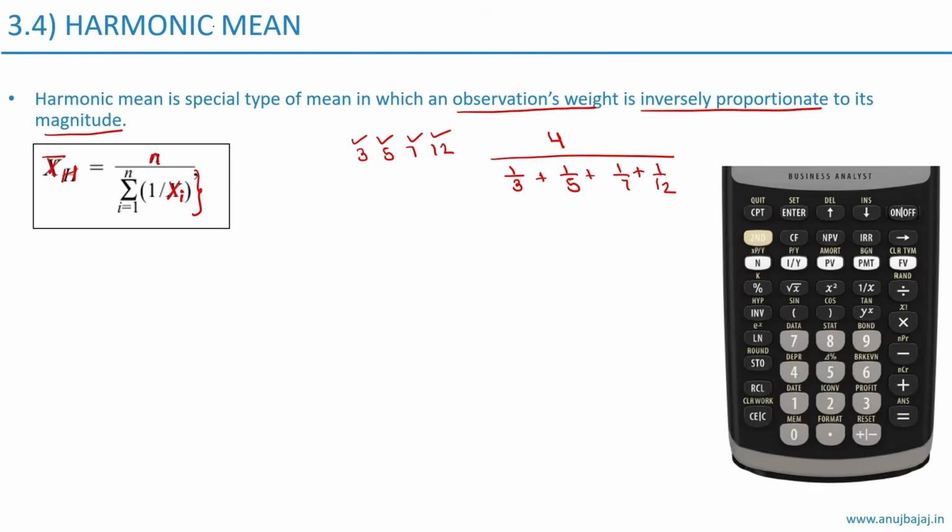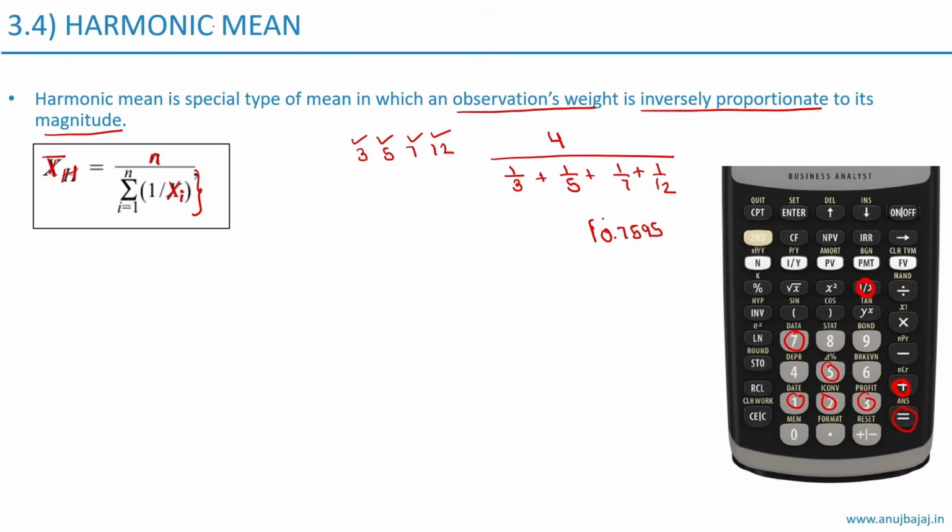Without writing anything down, we can directly calculate this using our calculator. You press 3 and then press 1 by x. Now directly press the plus button, then press 5 and press 1 by x, and then press the plus button again. Similarly, press 7, press 1 by x and then the plus button, and press 12, 1 by x and the plus button. Now press equals to, and you should get 0.7595.